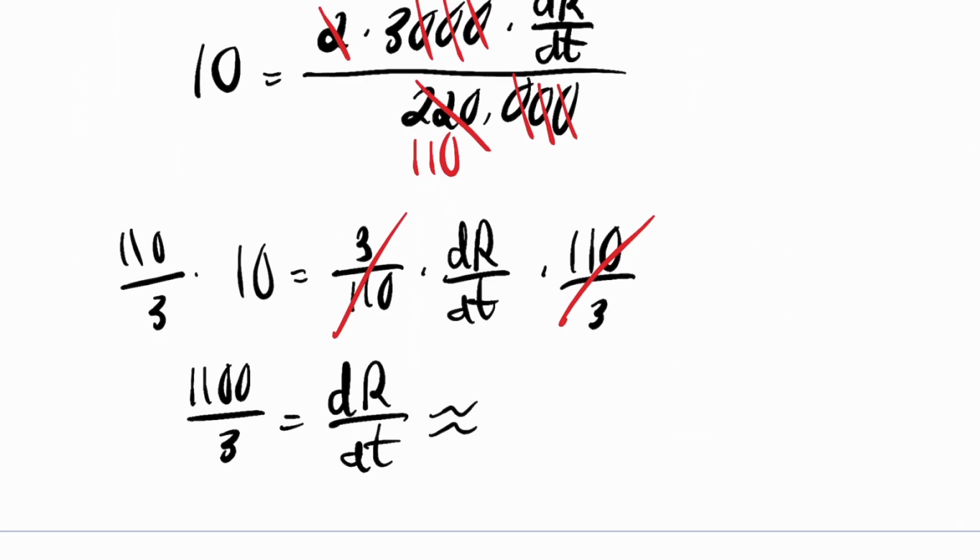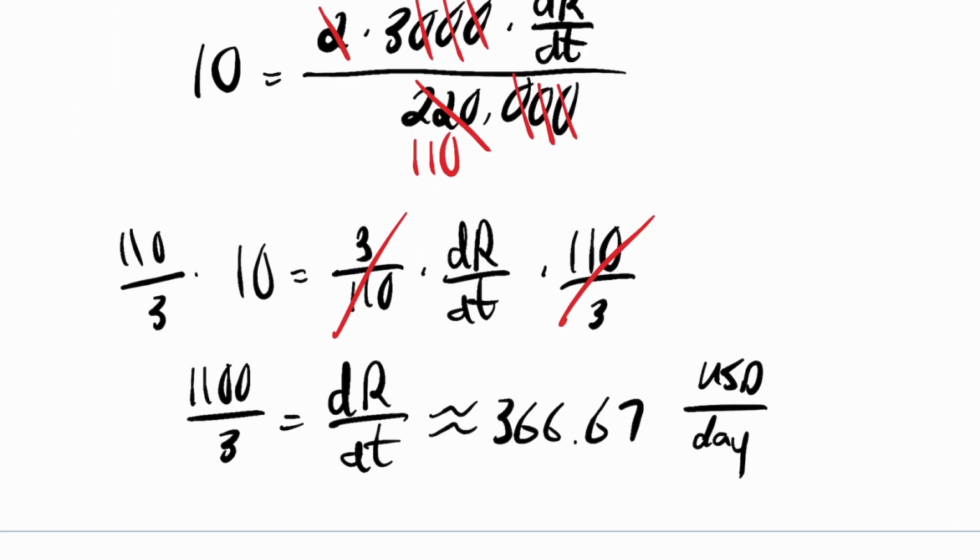This is 366 point, I guess I'll round to the nearest cent because this is in dollars. So this is dollars per, the problem didn't give us hours or minutes. Let's pretend it's per day just to have a label. It's dollars per day. So this is the amount at which the revenue is changing.